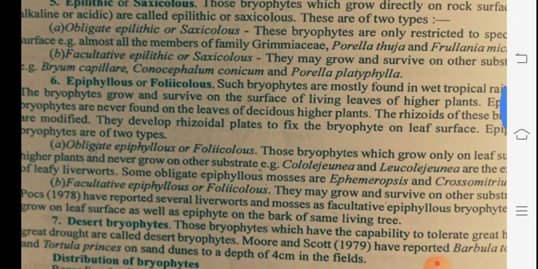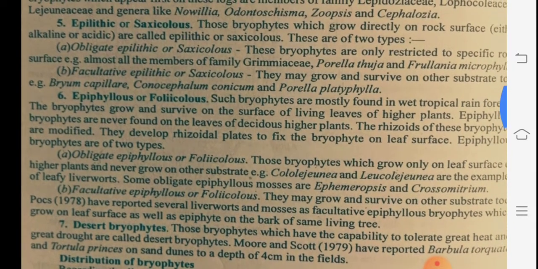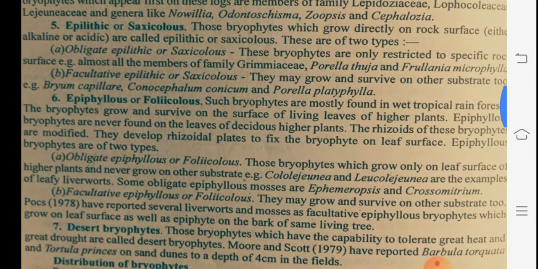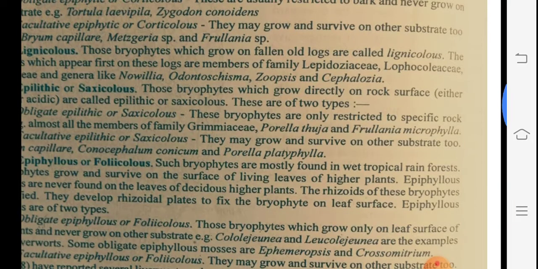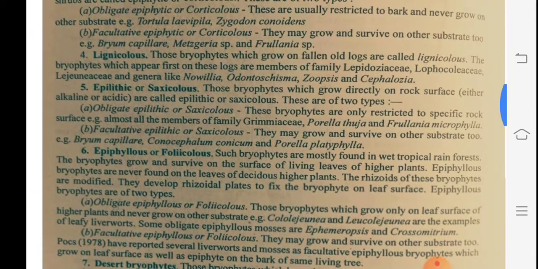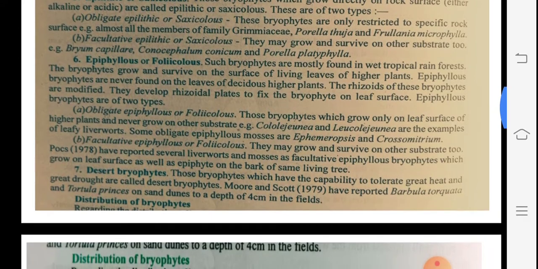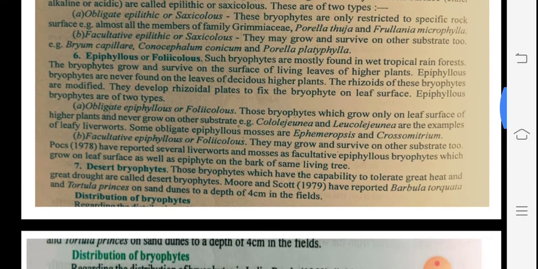Then epiphyllous or foliicolous. Epiphyllous is the character of tropical rainforest. We have worked on our Indian islands, Andaman and Nicobar Islands, and in the Andaman Islands we have collected many epiphyllous forms. Tropical means heavy rainfall and high temperature throughout the year.